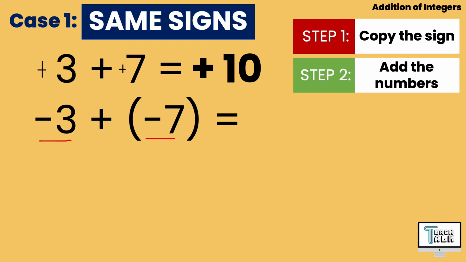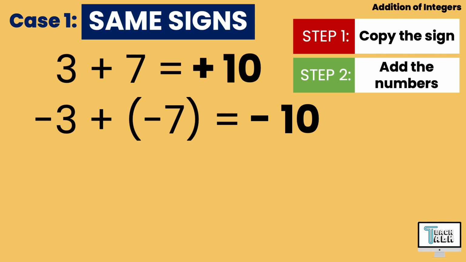Copy the sign. Since nag-add tayo ng dalawang negative, therefore, the answer is also negative. Second step, add the numbers. I-disregard natin yung sign, add the numbers. 3 plus 7, that is 10. Therefore, negative 3 plus negative 7 is negative 10. Copy the sign, add the numbers.